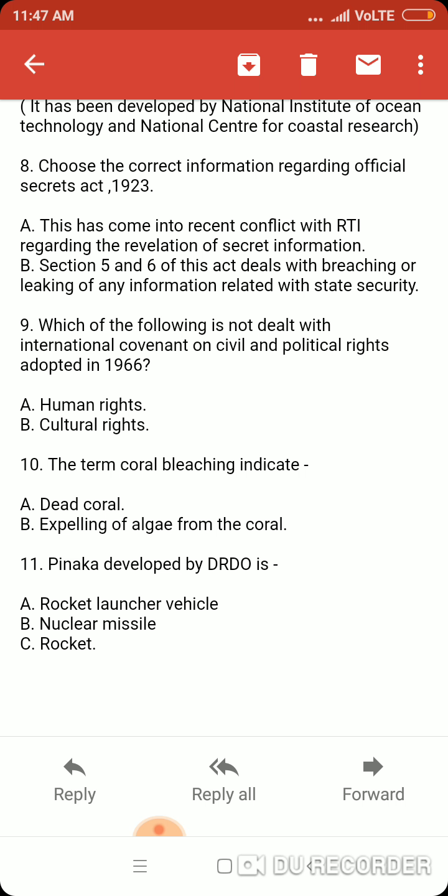The term coral bleaching indicates what? There is news recently that the coral reefs in the Red Sea have been able to withstand rising ocean temperature. Generally, pollution, rising ocean temperature and various other factors cause coral bleaching. Coral bleaching means what?